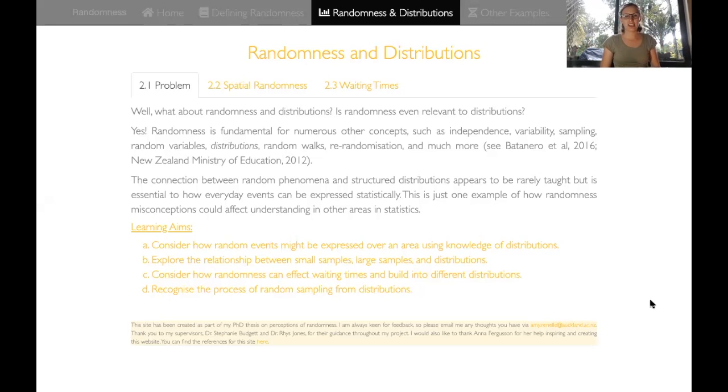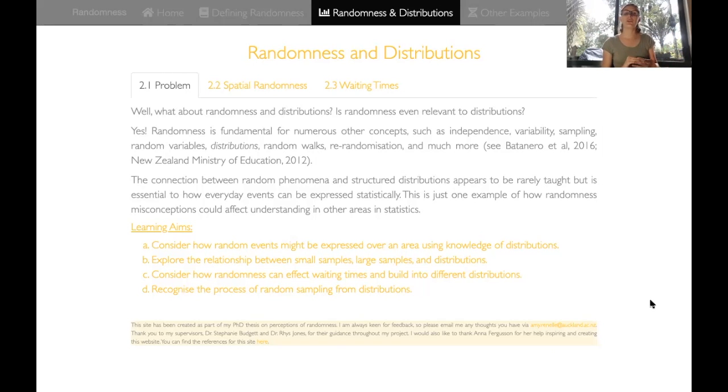We've got a few learning aims. We want to consider how random events might be expressed over an area. In particular, this is a slightly different way of exploring randomness. Rather than it being in sequences, which we see all the time, this shows randomness in a slightly different way, underpinned by distributions.